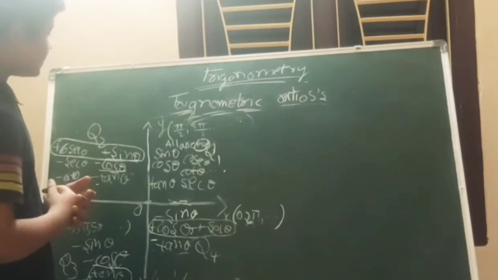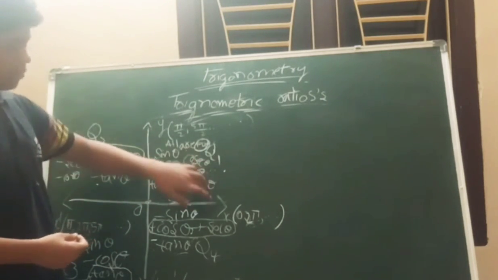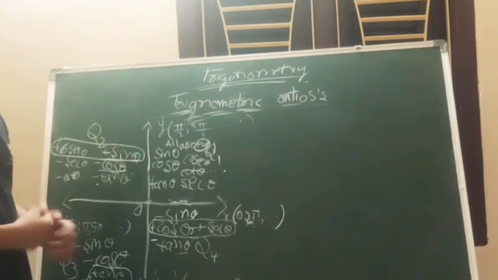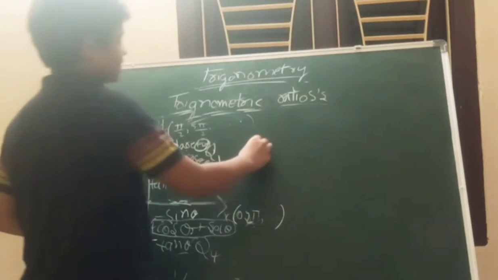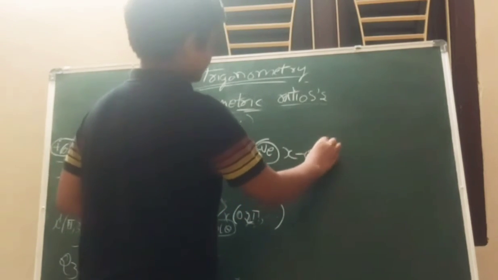So now let us discuss the general form of the x-axis and y-axis: positive x-axis, negative x-axis, positive y-axis and negative y-axis. First let us discuss the positive x-axis.